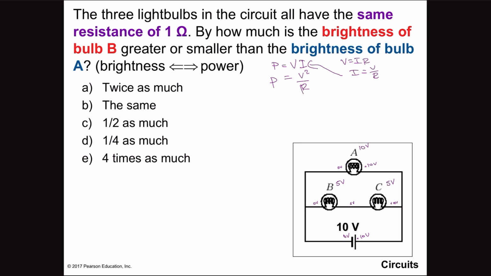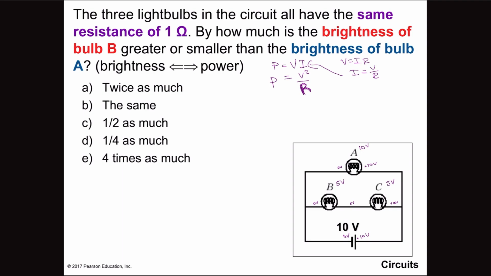And if you look at that, we can see that as the voltage goes up, the power is going to go up, right? For the same resistance of each one of these, because both A and B have the same resistance. It's just that A has twice as much voltage.